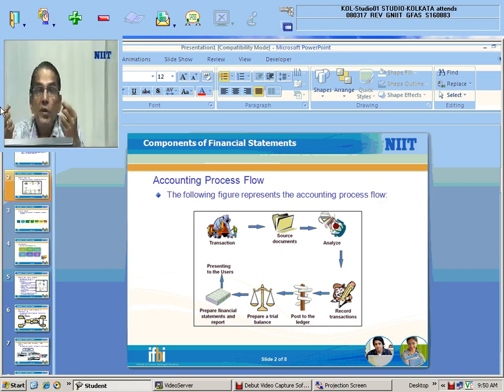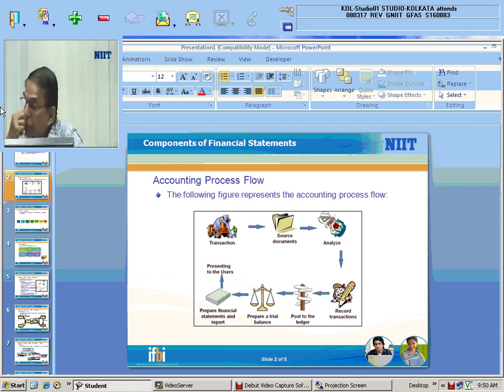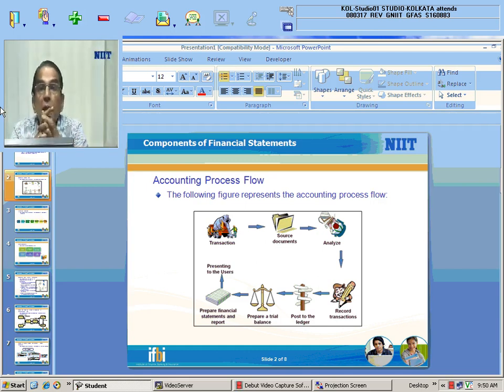Supposing all 3 sales have been made to 3 buyers on credit, they will pay after a certain agreed period of time. Now the sales invoices will be sent, and when it goes to the accountant, he will analyze: this sale has been made to A, this sale has been made to B, and this sale has been made to C on credit terms.